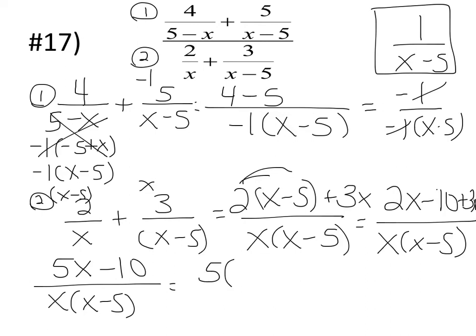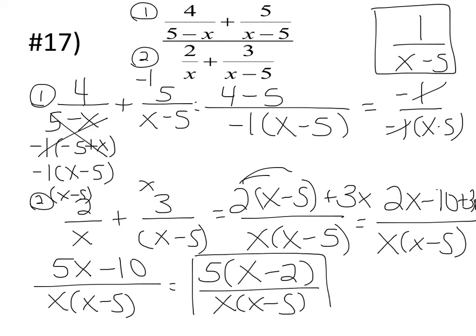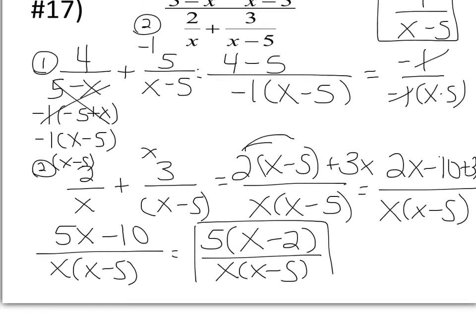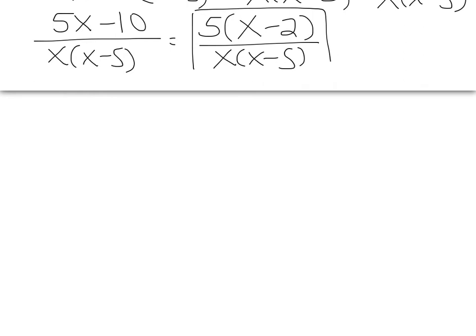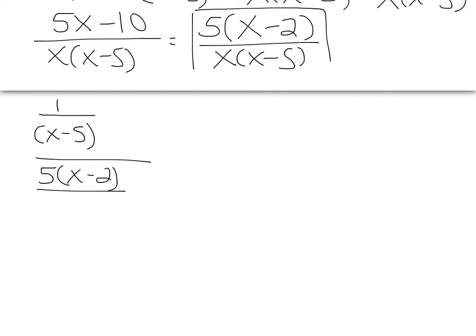Factor a 5 out of the numerator. You get x minus 2 over x times x minus 5. Now that is your new denominator. So I need to rewrite it. It's 1 over x minus 5 over 5 times x minus 2 over x times x minus 5.